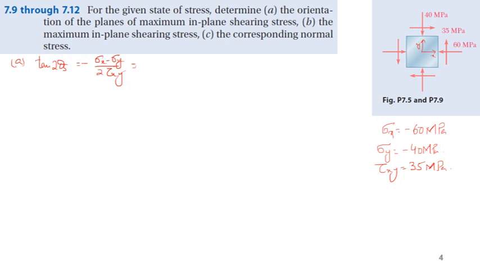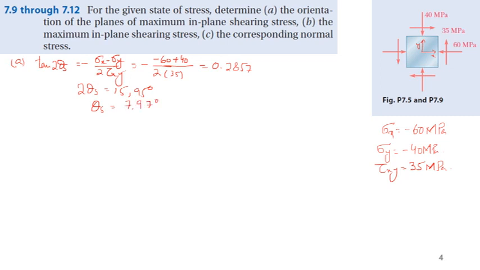Putting in the values, minus 60 plus 40 divided by 2 times tau xy, which is 35. When we calculate, this will become 0.2857. So 2 theta s is 15.95 degrees, and theta s will be 7.97 degrees.